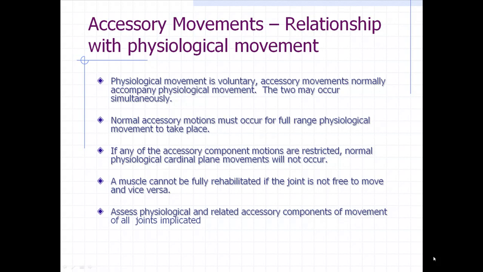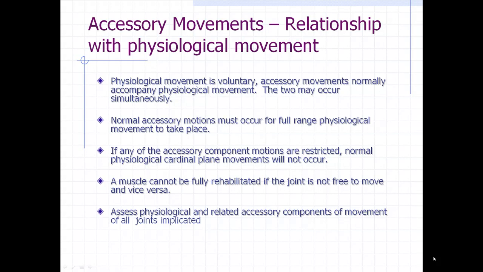On assessing the physiological motion, the accessory components of that motion must also be observed. So, for example, where we've just gone through the motions of the shoulder girdle, elevation, depression, protraction and retraction, and medial and lateral rotation of the scapula, each of those movements will have accessory components to observe.